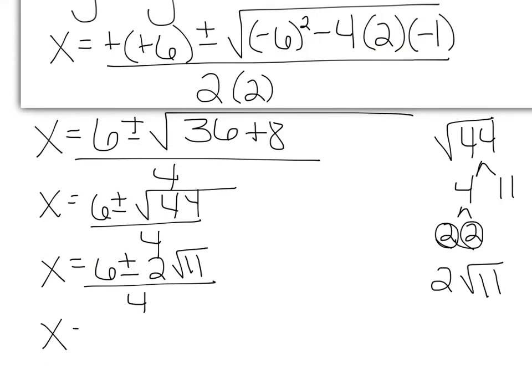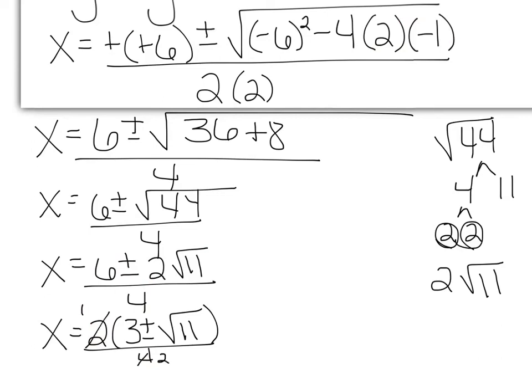But in order to do that, I have to factor out of the numerator. So I'm going to factor out a 2, because that's what the numerator has in common. Leaving behind 3 plus or minus the square root of 11 all over 4. Now that the 2 is outside, I can reduce it with the 4. 2 over 4 is going to reduce to 1 over 2.